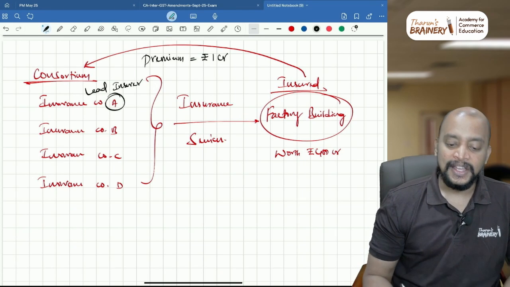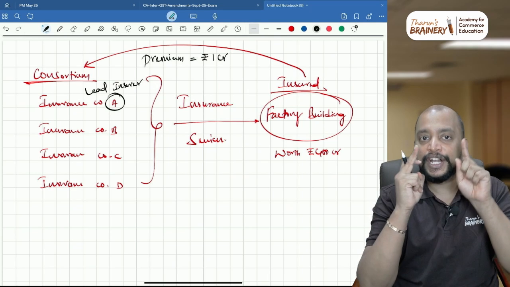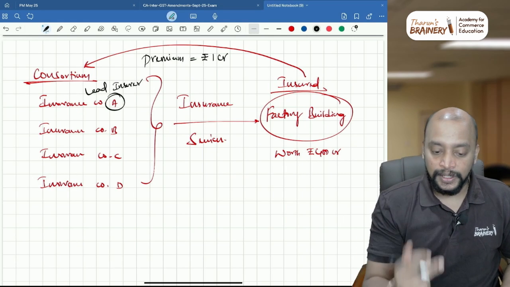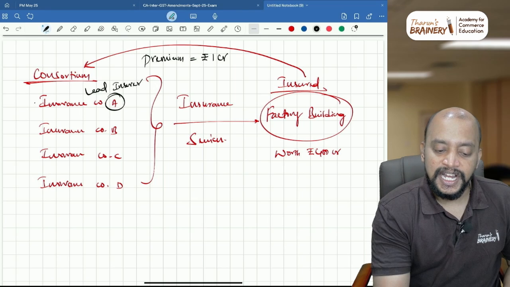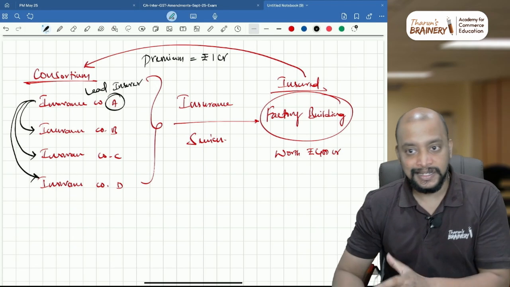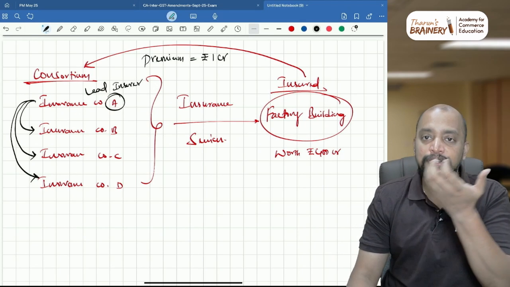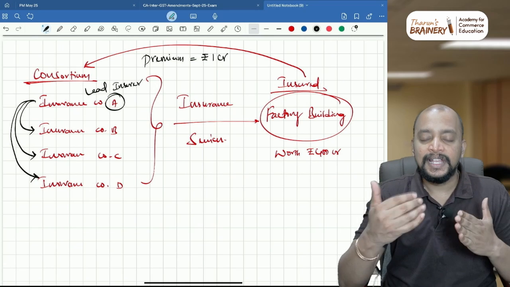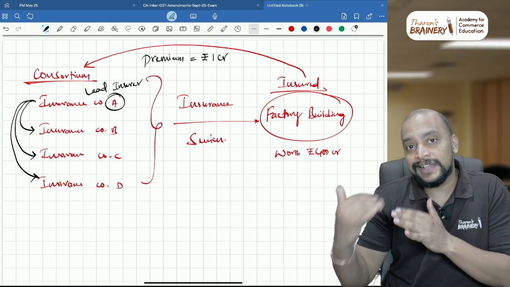So in this case, the insured will make payment of 1 crore to lead insurer A, and thereafter the lead insurer A will distribute that money to these 3 insurance companies. Are you getting this? 1 crore received by lead insurer A, and thereafter they are giving to the other insurance companies.